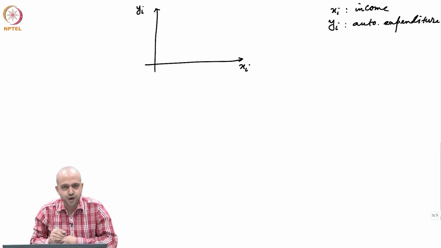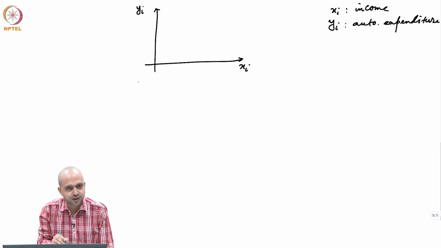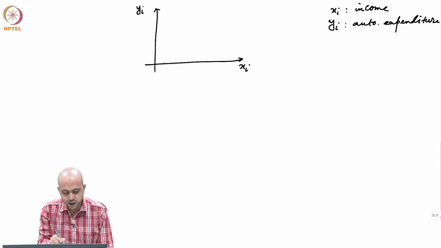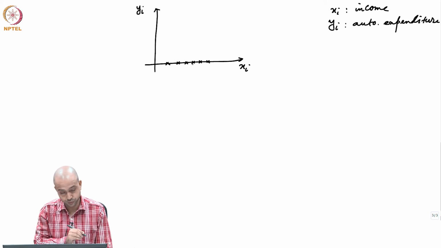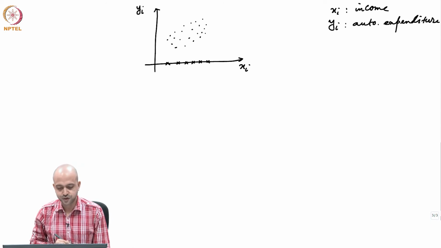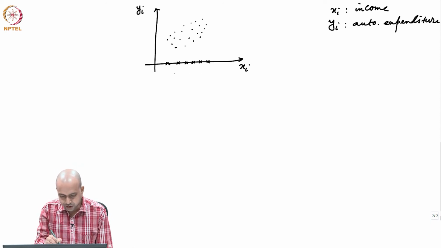If you plot the raw data, then what will happen? For some households, you have 0 automobile expenditure, that means they will lie on the x-axis.